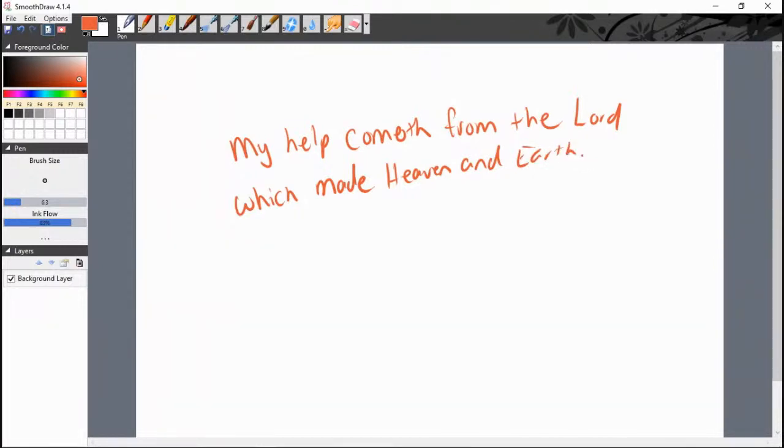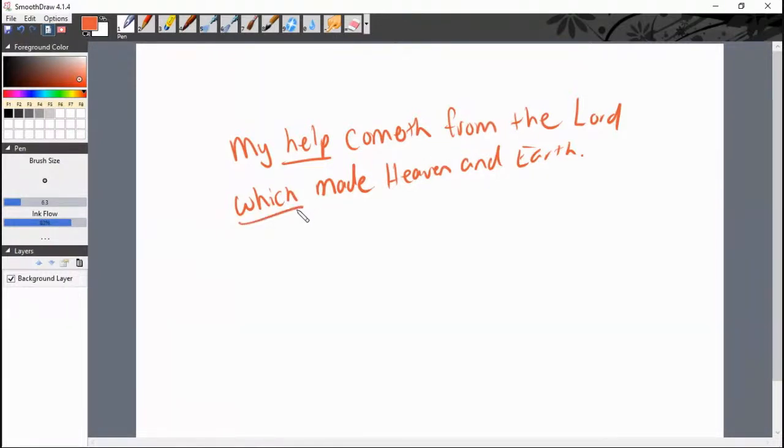Underline all verbs twice. Underline all subjects once. Put brackets around each dependent clause, right? So the subject here is help, my help, cometh from the Lord, which made heaven and earth.